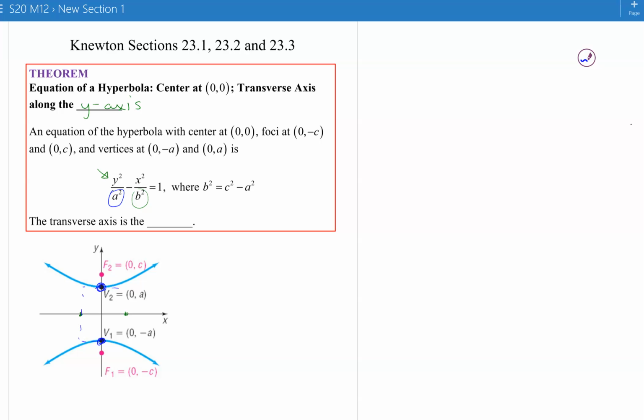Then we'll use those dots to make a box, and the diagonals of the box will give us the asymptotes. This is where the transverse axis is the y-axis. We're going to call this one opens up-down. If the arms of the hyperbola are cutting through the y-axis, the y term comes first.